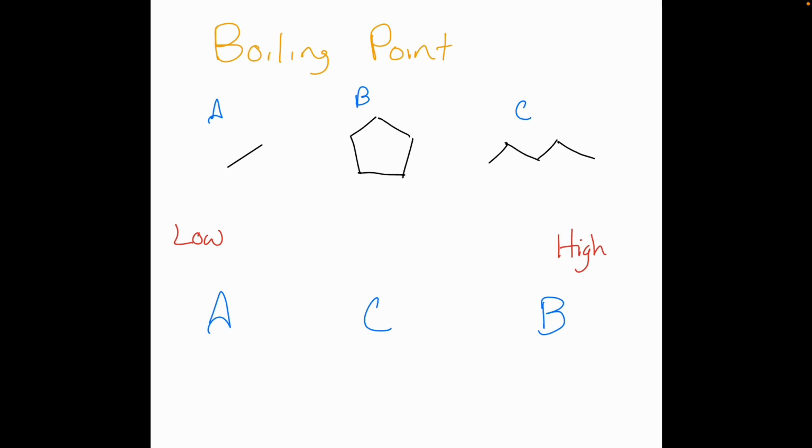All right, so we're going to learn some terminology here. We actually discussed this very briefly at some point. We're going to more formally introduce this concept of constitutional isomers.